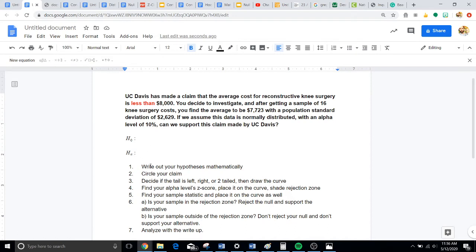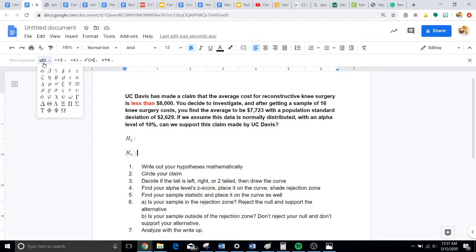So let's write it out. Mu is less than $8,000. Okay, so alternative: mu is less than $8,000. All right, next we're going to write our null. Remember, our null just takes whatever symbol we have in our alternative and flips it and puts a line under it.